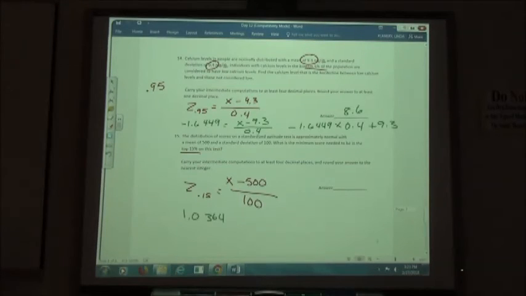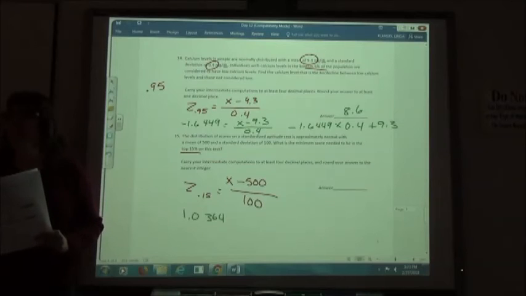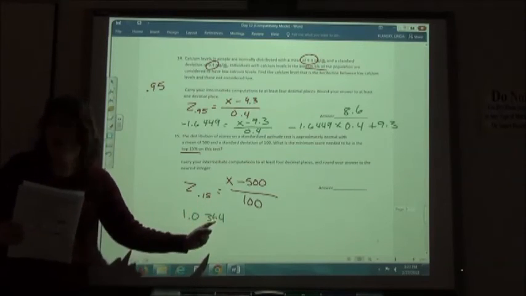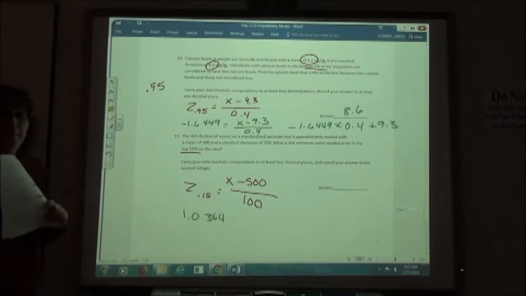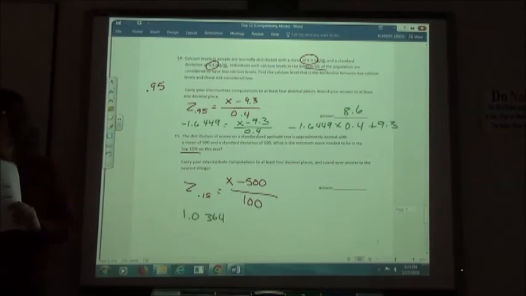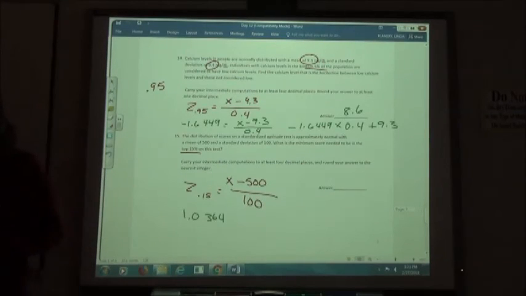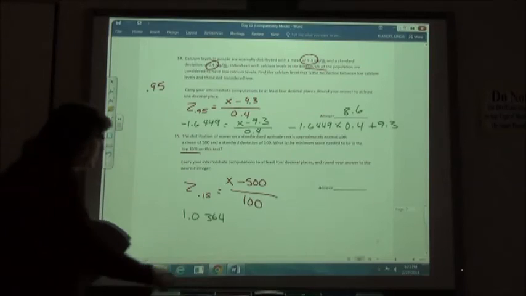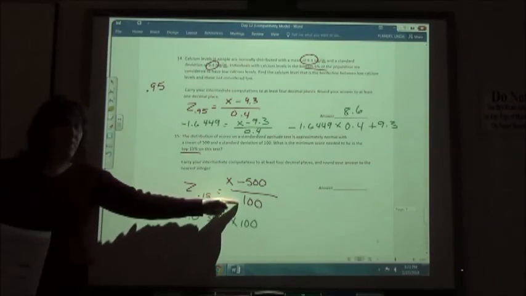And then when I solve that, I'm going to take this number times the 100, since that was on the bottom of my fraction.